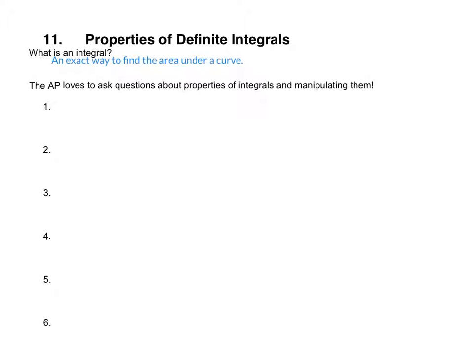Okay, so the AP loves to ask questions about properties of integrals and manipulating them. It's a great question because you can definitely do it. So the first rule that we learn when we're talking about integrals is that the integral from a to a of any function, f of x we'll use for right now, dx, is always going to be 0.